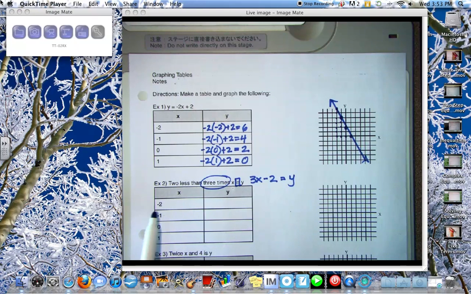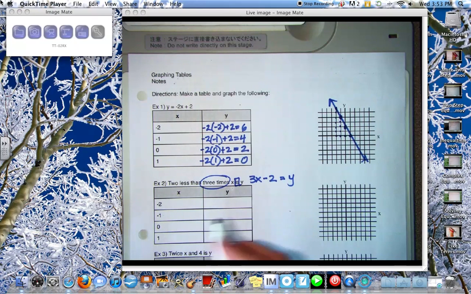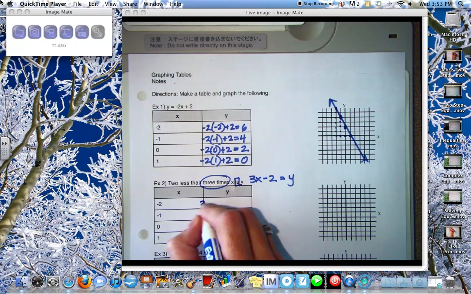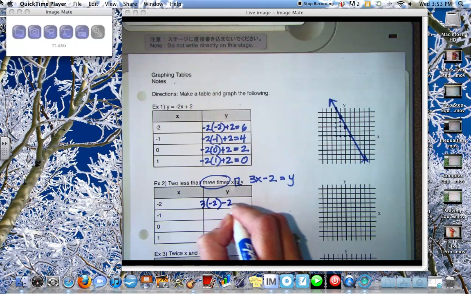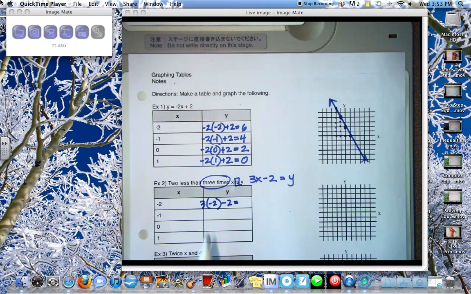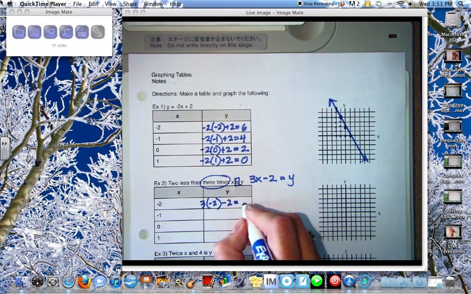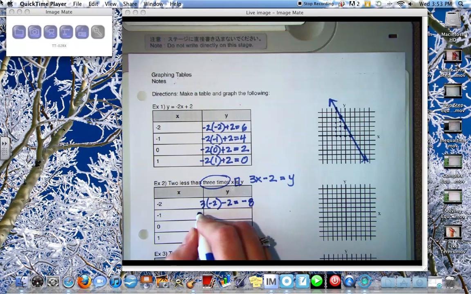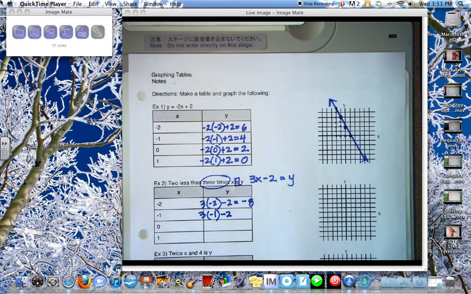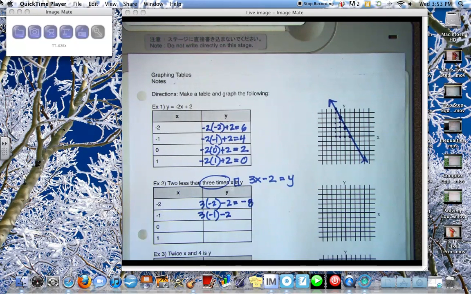Now we're going to substitute in our values for x. So we have 3 times negative 2 minus 2 equals, we have negative 6 minus 2 gives us negative 8. Next we have 3 times negative 1 minus 2. This gives us negative 3.